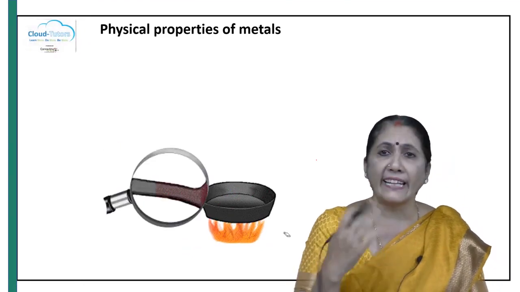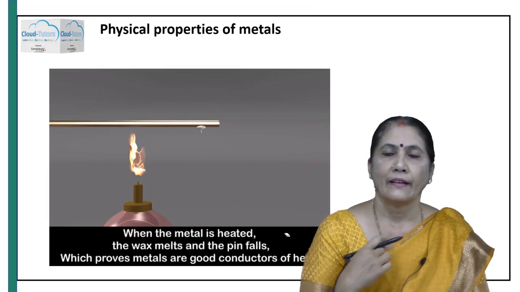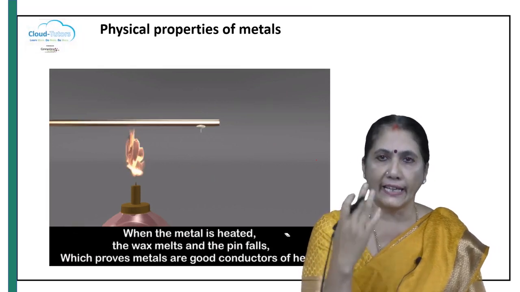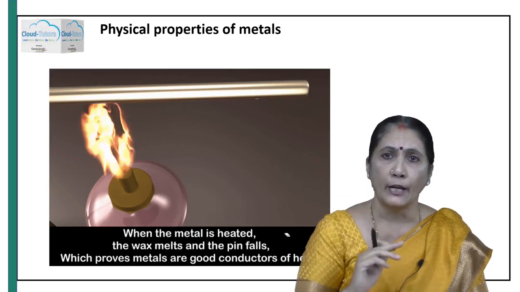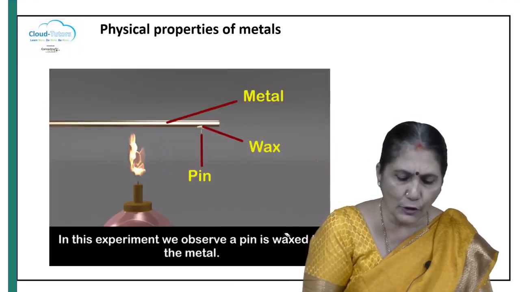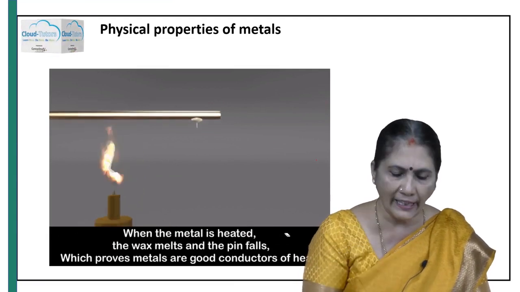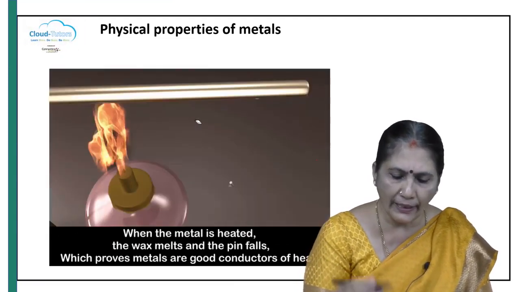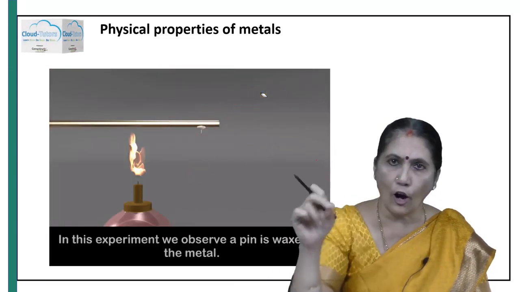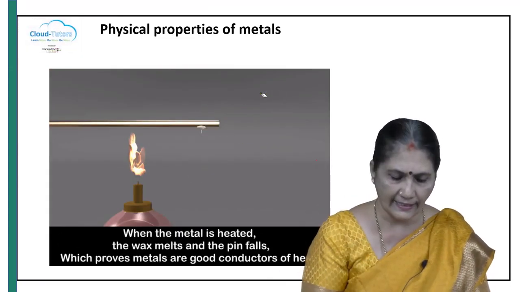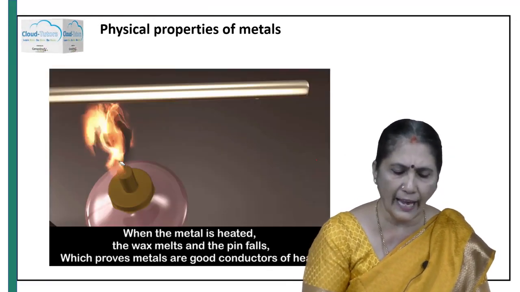Now, coming to the next physical property. The next physical property is: metals are generally good conductors of electricity. But before that, I would like to show you a particular video where you can see a metallic pin has been embedded in that metallic rod with the help of wax, and it is being heated with the help of a spirit lamp.